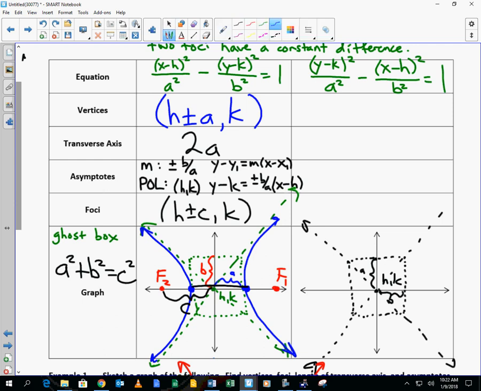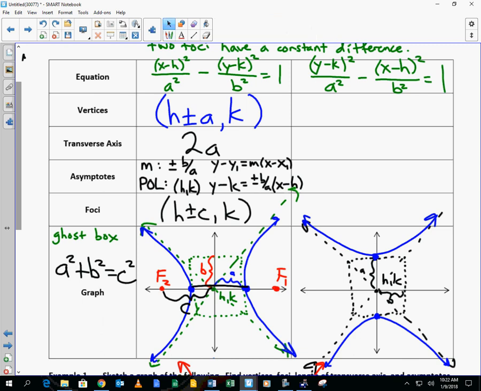Will this hyperbola go up and down, or side to side? Up and down. How come? Because the y is positive. So I put my vertices this time on the top and the bottom of the box. They spread out along those asymptotes, and I have my graph for my hyperbola.